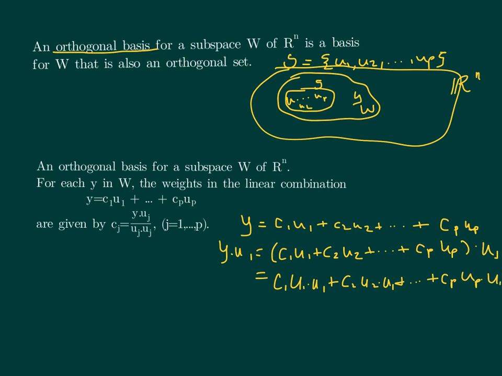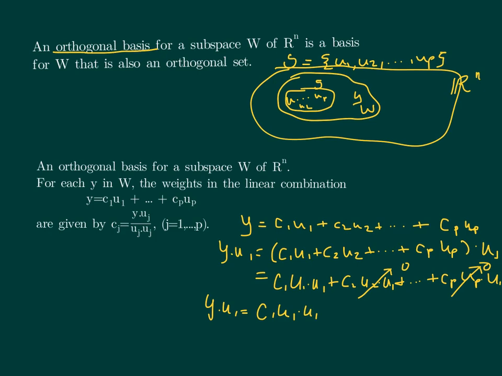All right, but we've established, or we've been given, that our u's are an orthogonal basis, and so if they're orthogonal, that's going to go to 0, that's going to go to 0, and we end up with y dot u1 is equal to c1 times u1 dot u1.